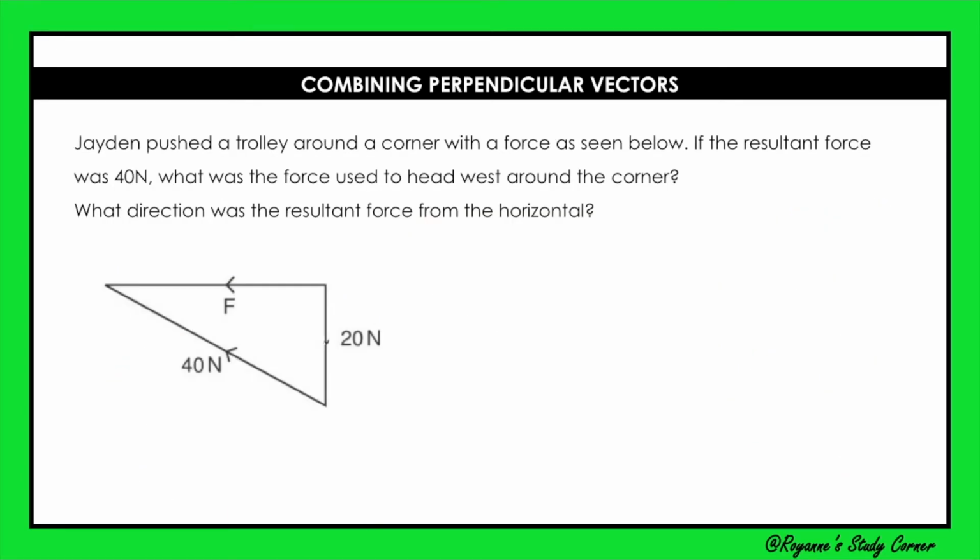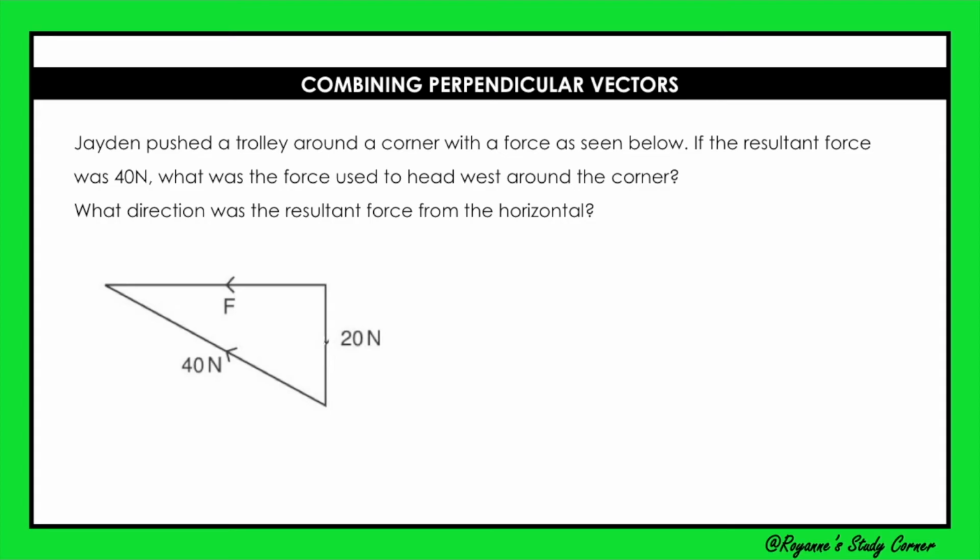So here we have that Jaden pushed a trolley around a corner with a force as seen below. If the resultant force was 40 newtons, what was the force used to head west around the corner? And what direction was the resultant force from the horizontal?